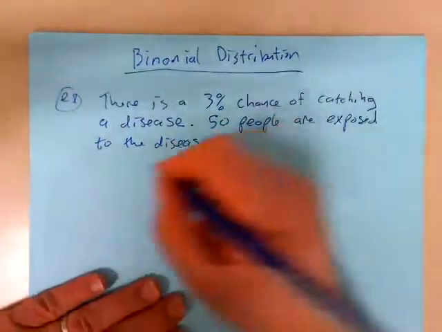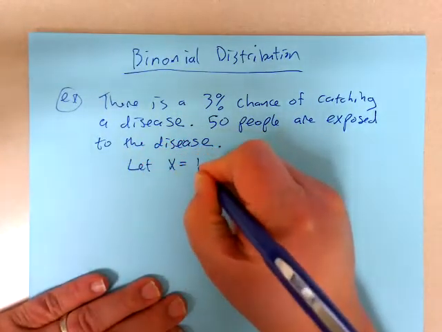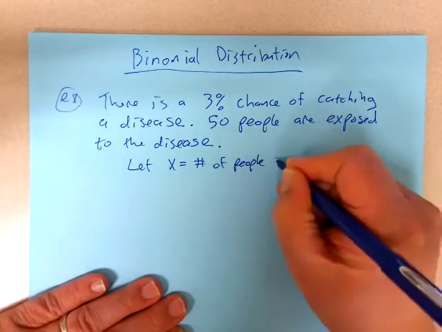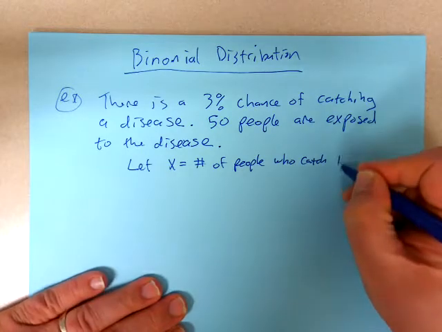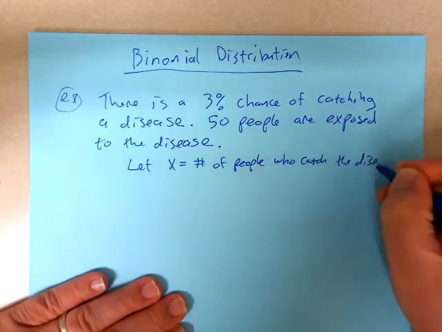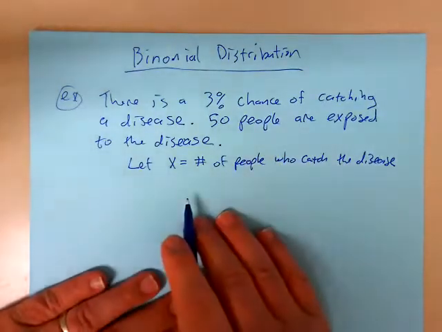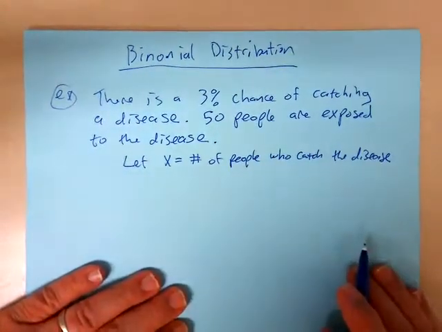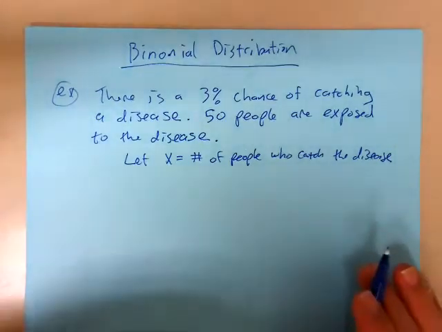Okay, and then we're going to let x equal the number of people who catch the disease. Okay, now x will be a random variable that has a binomial distribution to it. And let me explain why that is.